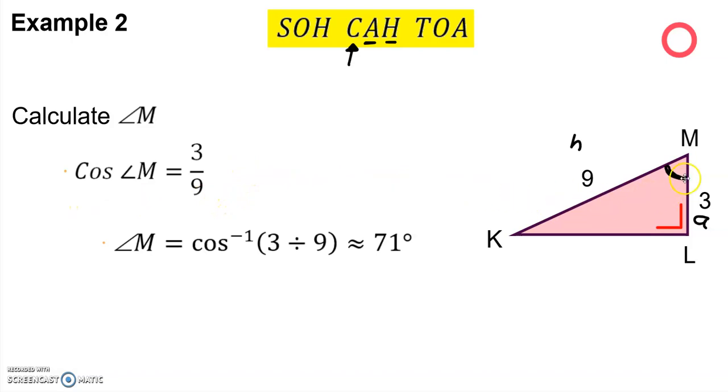So make sure you always take a good look at what angle they are talking about. Because when I'm talking about angle K, 3 is the opposite shorter side. But when I'm talking about angle M, 3 is the adjacent shorter side. So make sure you take a good look at the angle they're talking about. Good luck with the exercises of this new section.